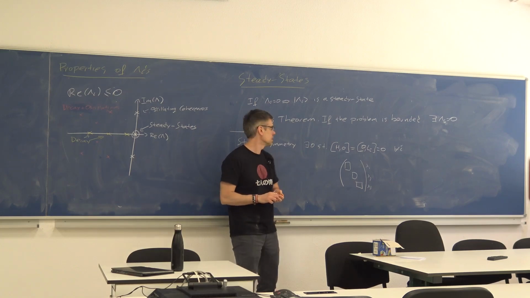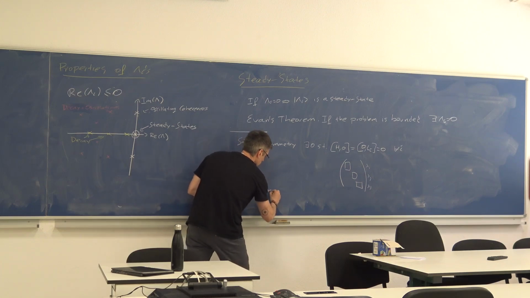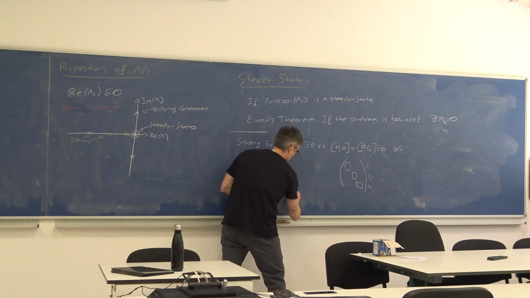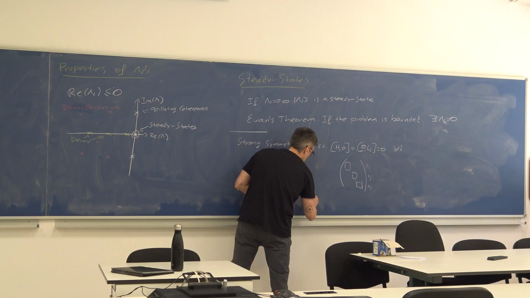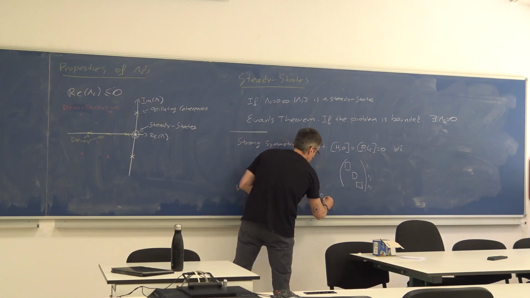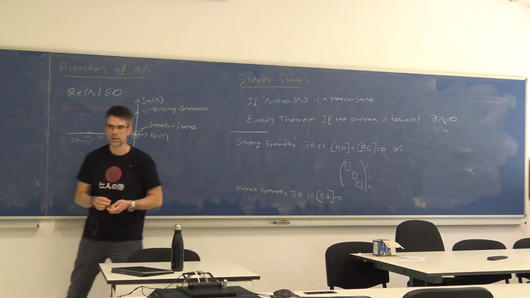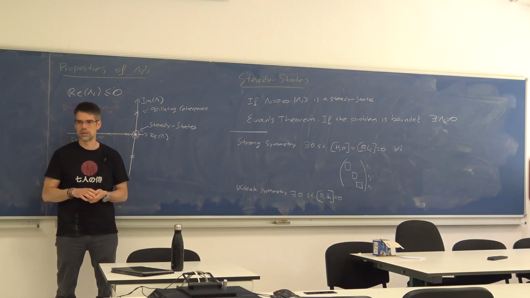This is what is called a strong symmetry, and there is also a weak symmetry, meaning that there exists another operator that commutes with the Liouvillean itself. This is harder to study, but you can also prove that it leads to multiple steady states.